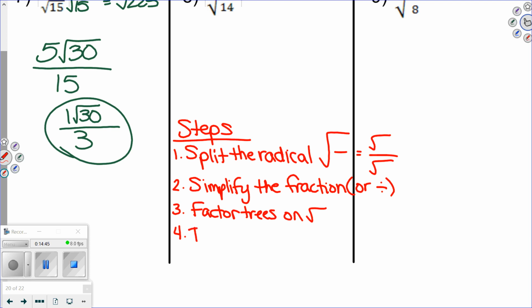Then rationalize the denominator. That's where you're multiplying top and bottom by that radical. And then last, simplify again if necessary.